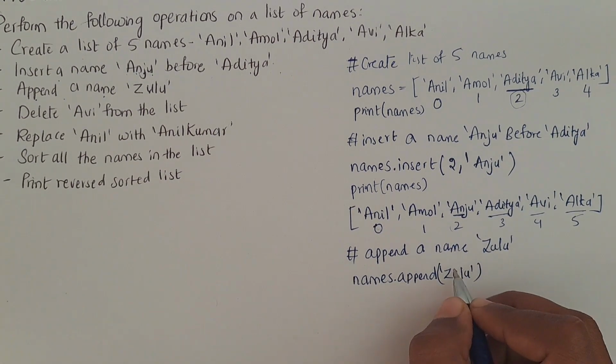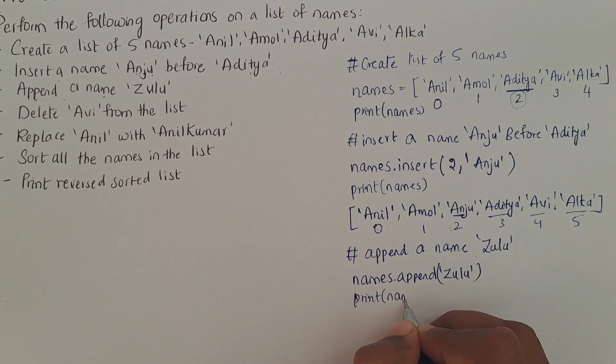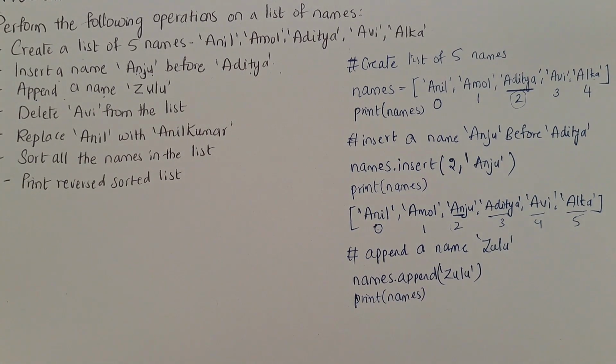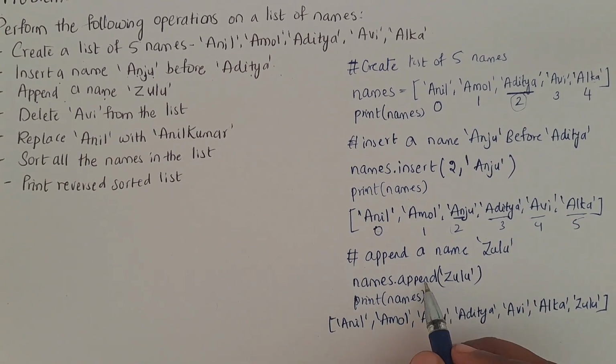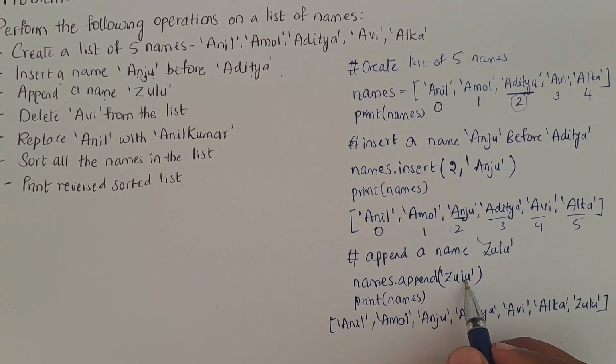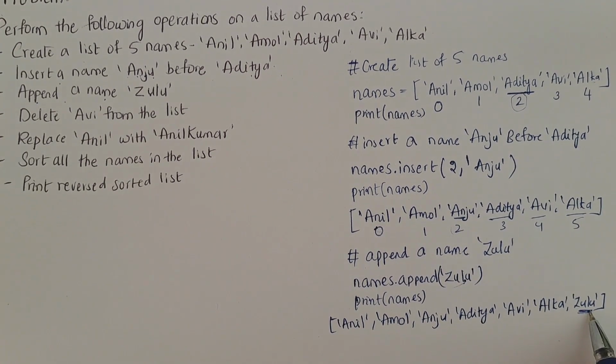If you print the names list, you will get this output, because we have appended the Zulu item. That means this item is added at the end of the list. You can observe here.